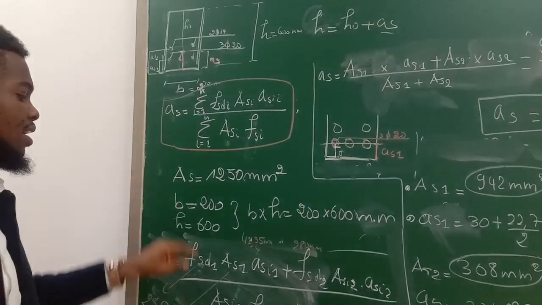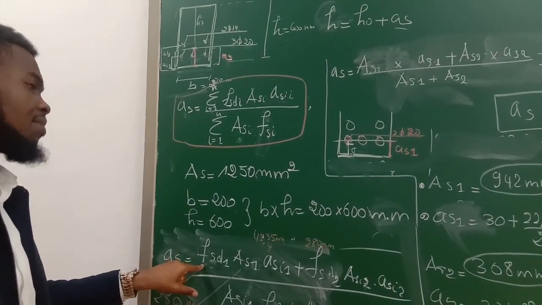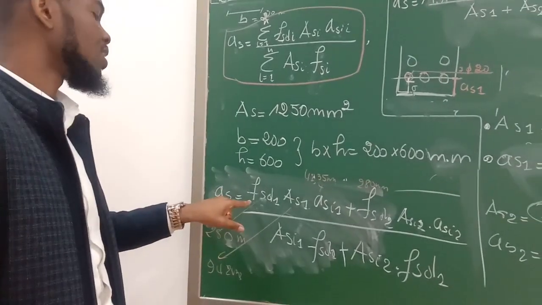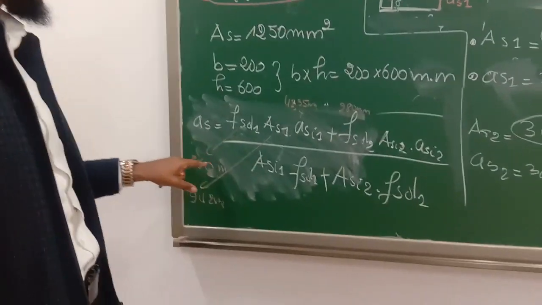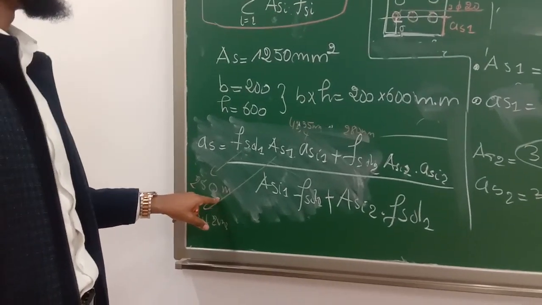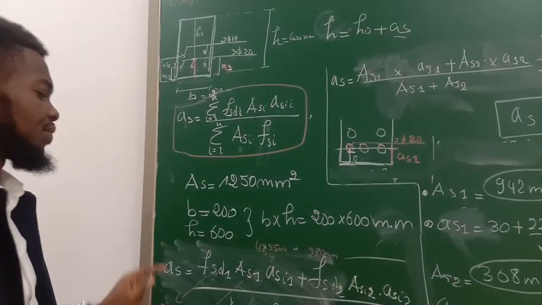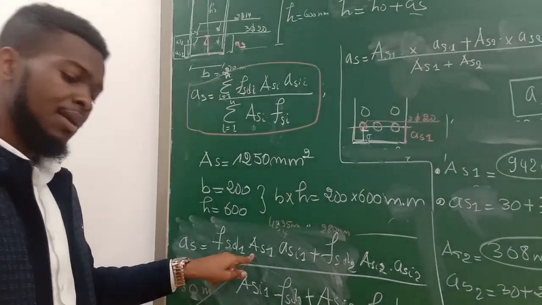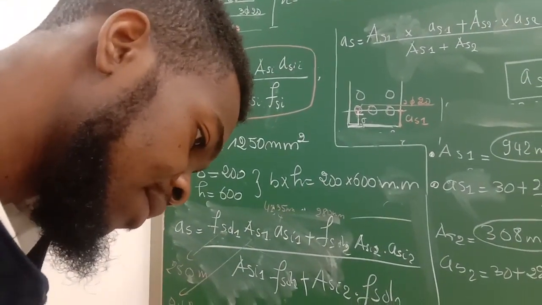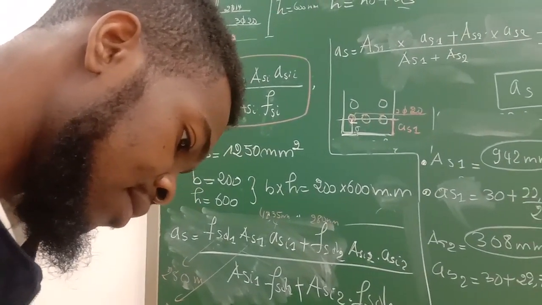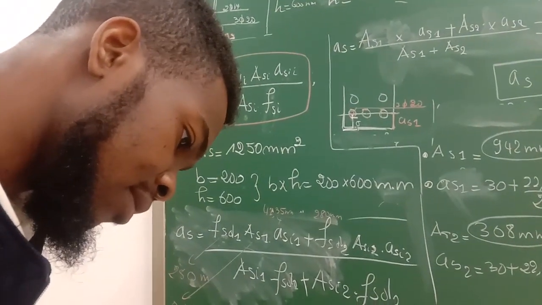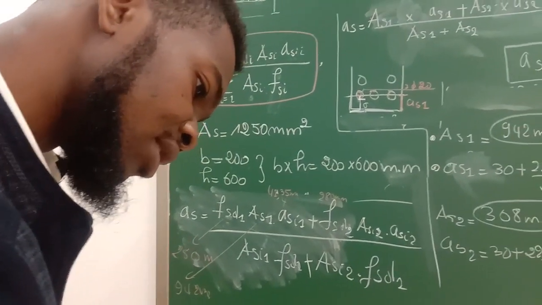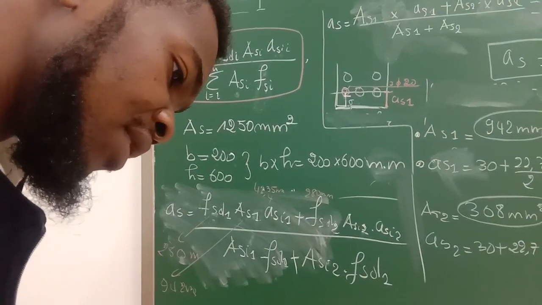Because it's the same steel, they will have the same design strength, the same tensile strength, which is 218. But because the diameter is different, they will have different area of reinforcement. Here, area of the cross section. They will have different areas of cross section.